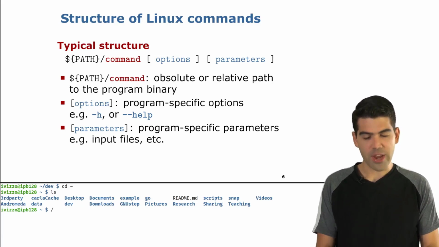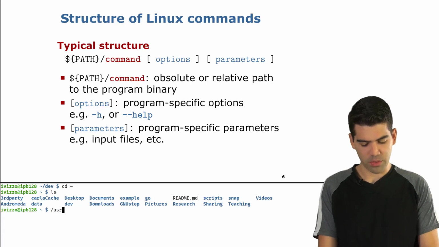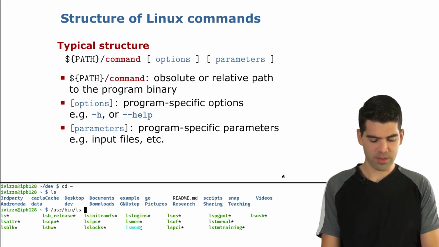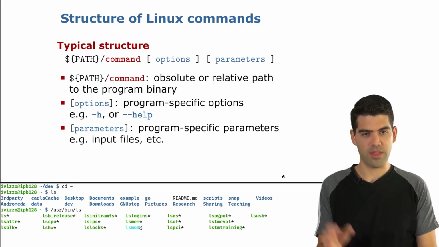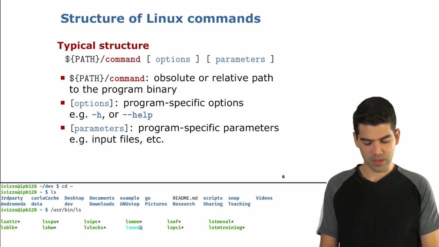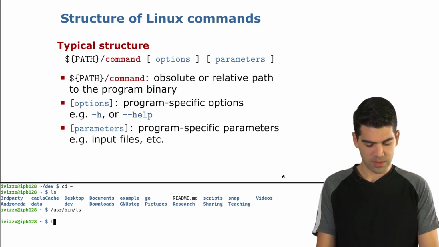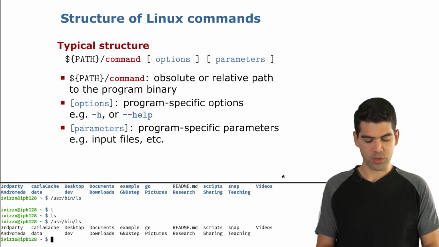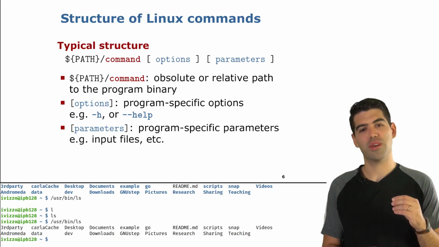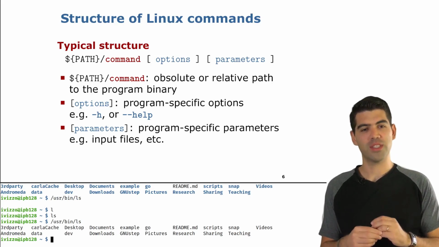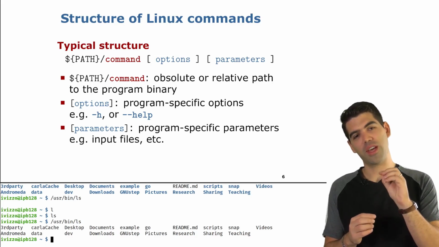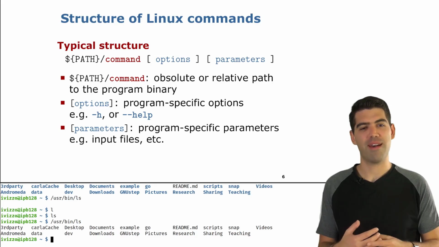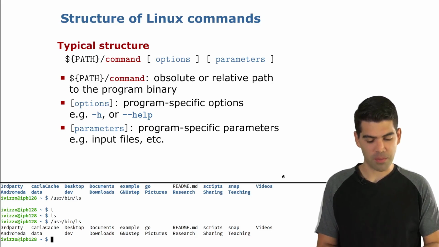So if I know where this file is located, if you do /usr/bin/ls, now you're providing the full path to the command, and if I execute this, it's going to give me the same answer as the ls command. And why is this? Because I know where the file is located, I'm just executing it. So a command is rather a file that is somewhere on the system.